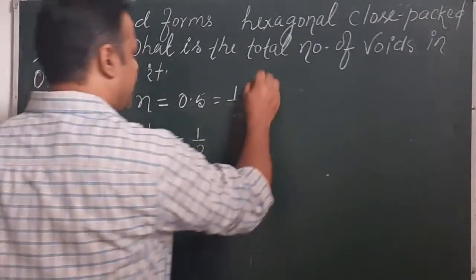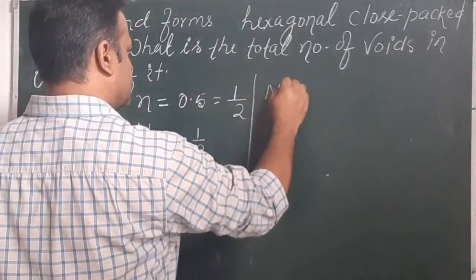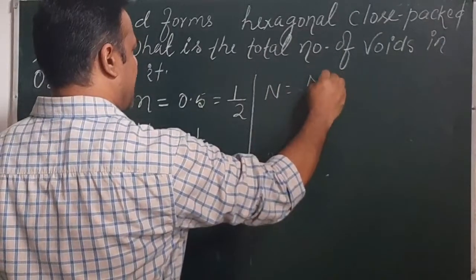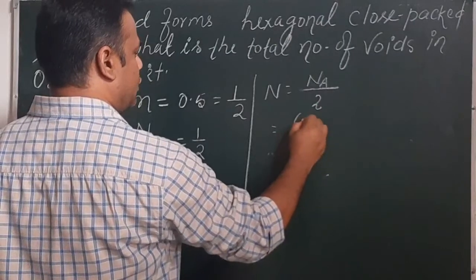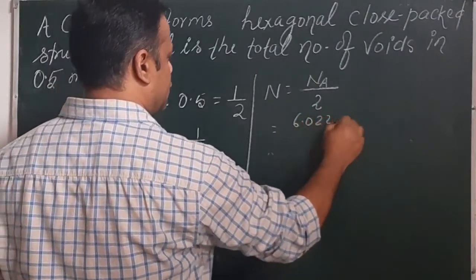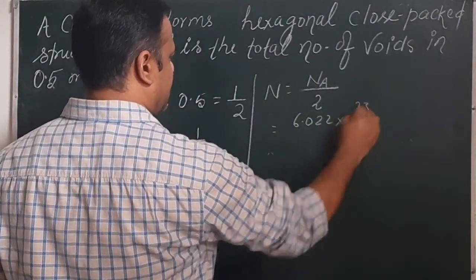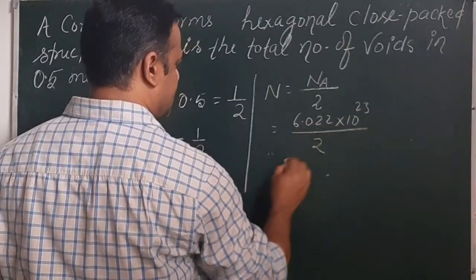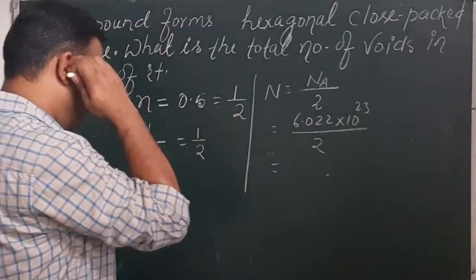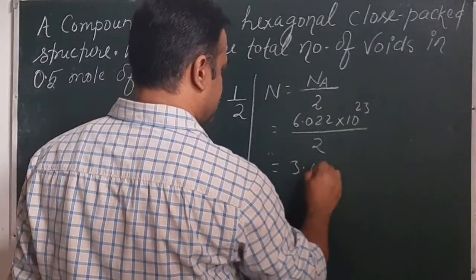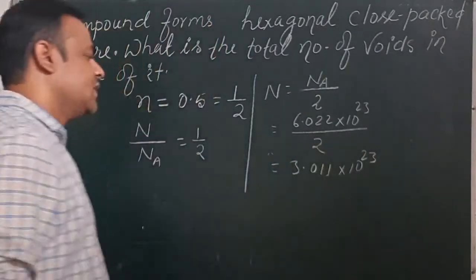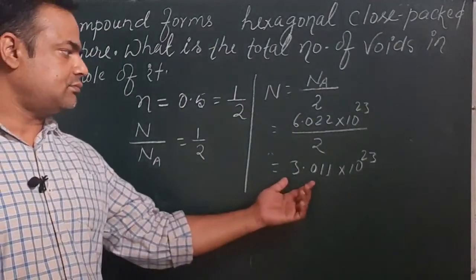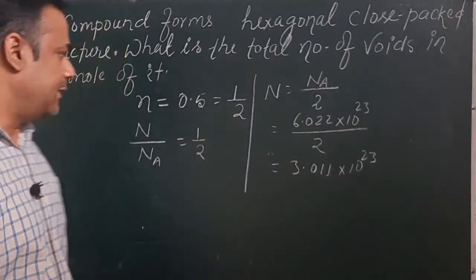From here we can find N, that is N is equal to Na divided by 2, and the value of Na we know, 6.022 into 10 to the power 23 divided by 2, and if we solve, we get 3.011 into 10 to the power 23. This is the total number of constituent particles we have.